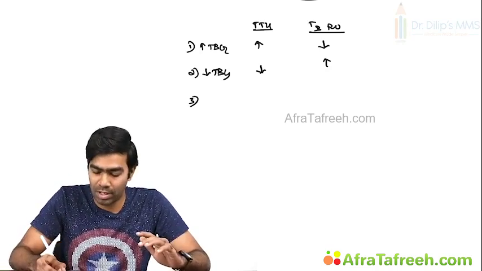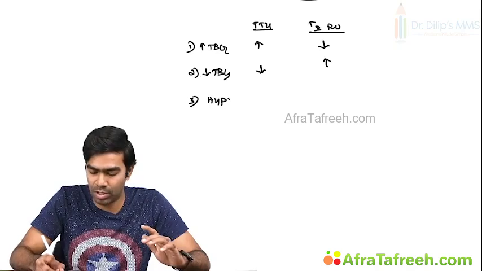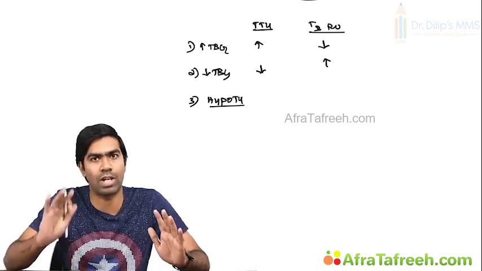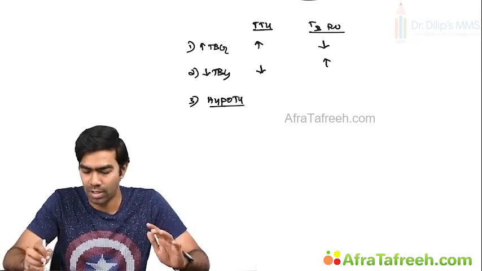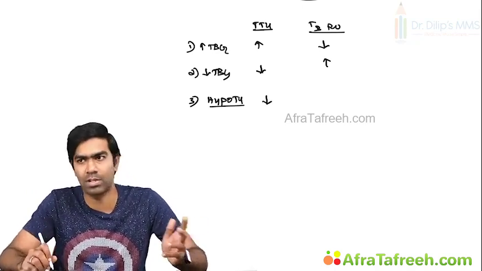But what will happen in hypothyroidism or hyperthyroidism? If you are dealing with definite hypothyroidism, your total T4 must be reduced. Obviously, in hypothyroidism it will be reduced, because the thyroid hormone synthesis itself is low. But what will happen to the resin uptake? Please understand here, in a hypothyroid patient, the amount of T4 bound to the TBG will be very little, because the thyroid hormones are not enough to saturate the TBG molecules.